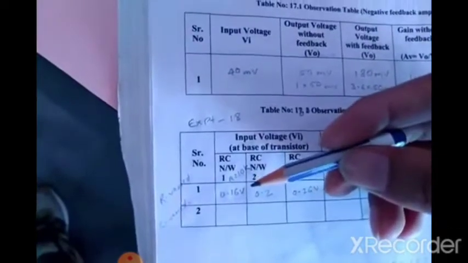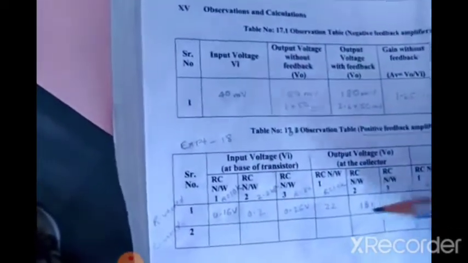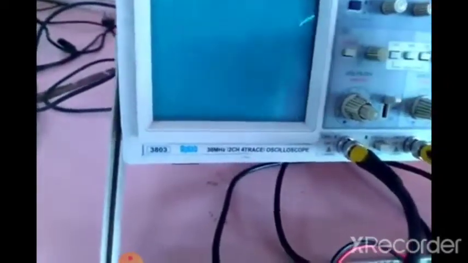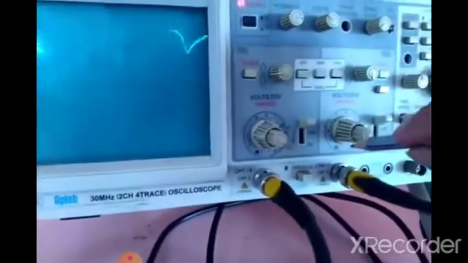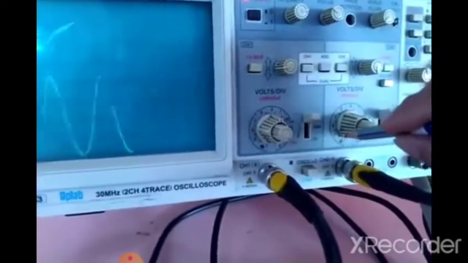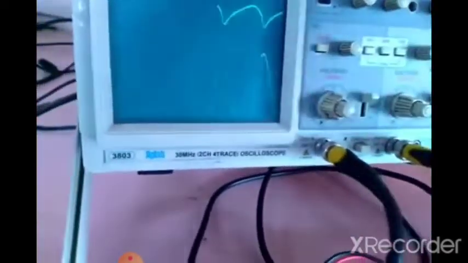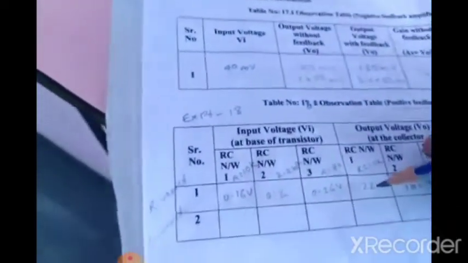And here, for 0.24 volt we are getting output as 4 volt into 5 volt per division, that is 20 volt. But earlier, for 0.16 volt I received 22 volt.